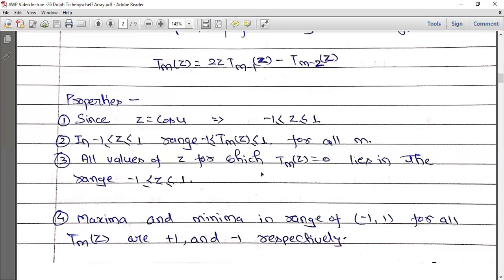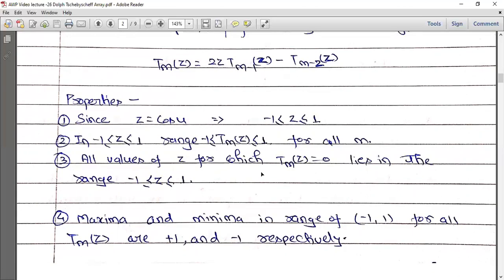For example, you have a quadratic polynomial of type ax square plus bx plus c, and you need to find its roots. Then you consider ax square plus bx plus c equal to 0, and the roots will be x equal to minus b plus minus square root of b square minus 4ac, upon 2a. We know very well these are the roots of the quadratic polynomial.